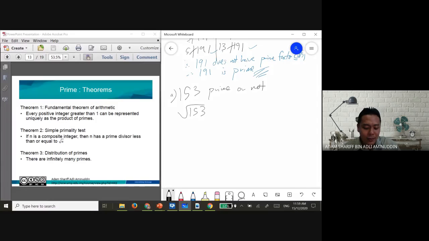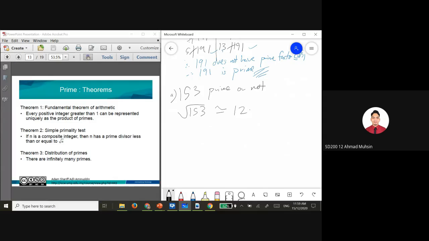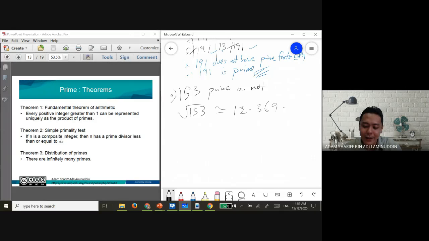So the square root of 153 is 12.3637. Okay, enough. It means we only go up to the square root, up to 12. So I have to check, if it is composite, then it has a prime factor up until 12. So 2, is it a factor of 153?